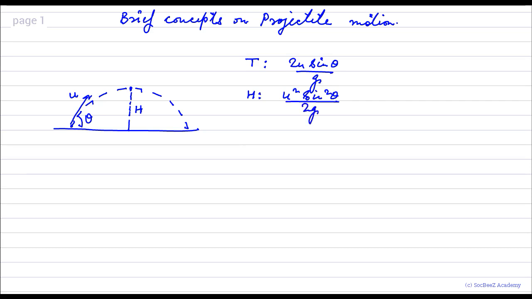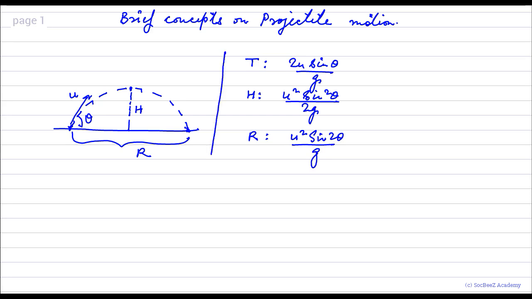And the range of the projectile, that is the horizontal distance which this particle has travelled from the initial point to the final point, is given by u squared sine 2 theta by g. So these are the three fundamental equations which we need to remember in projectile motion.